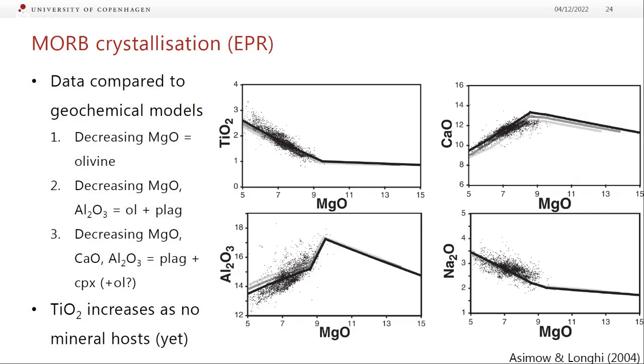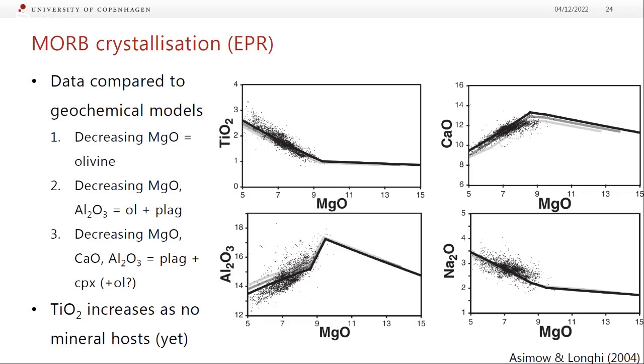So there's three main stages of crystallization in these. The first one, although we don't really see it in this data, there's a period where we're just crystallizing olivine. So this is above, say, 9 weight percent MgO. So in the titanium diagram and the sodium, actually in every diagram, all of these other elements are just going up because we're removing olivine.